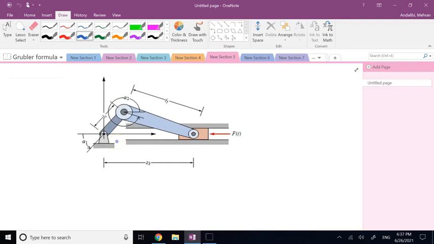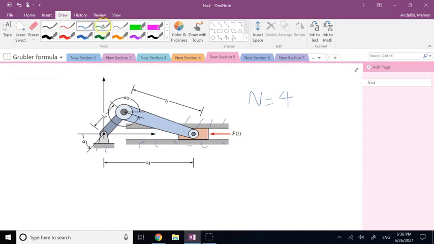More examples. Another one, slider crank mechanism. This is exactly your engine mechanism. So here this member is the crankshaft, this is the conrod, and this is the piston, which is moving inside the cylinder. Again, if you count the cylinder, the number of rigid bodies you have is the cylinder or the engine block, that's 1, the piston 2, conrod 3, and crankshaft 4. So you can say N is 4, considering that all of these gray guys are fixed.